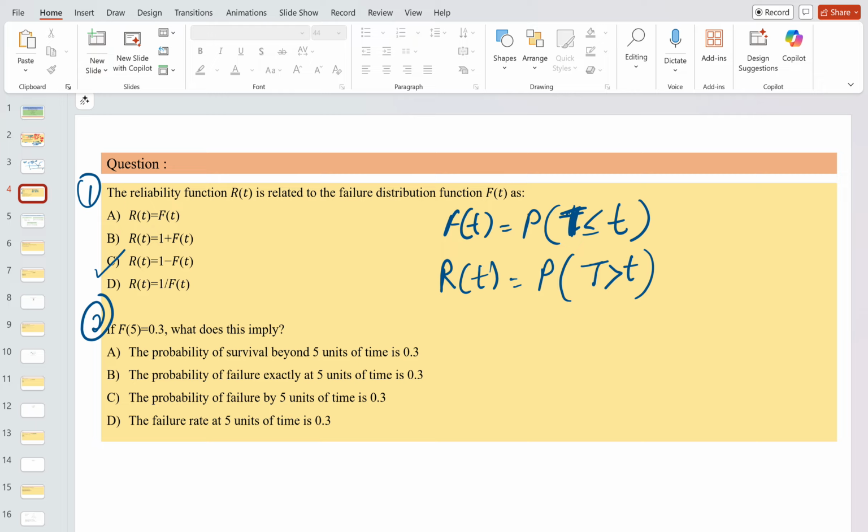When you see, both are complementary, so we can say reliability R(t) is equal to 1 minus F(t). So option C is correct. And to try to solve this second problem, it is quite interesting. I want to explain a few concepts here.